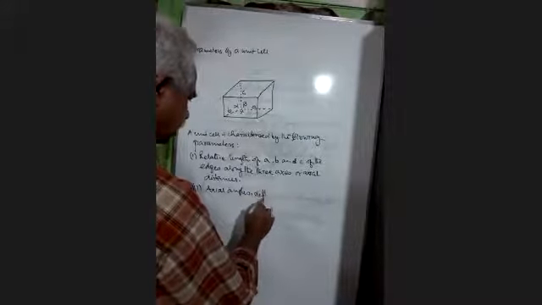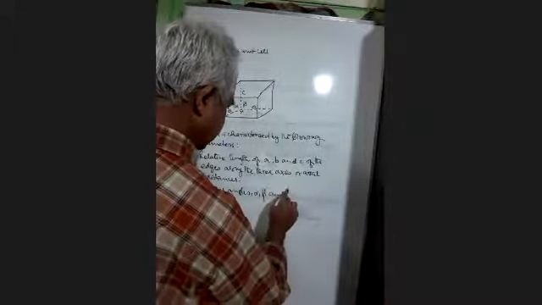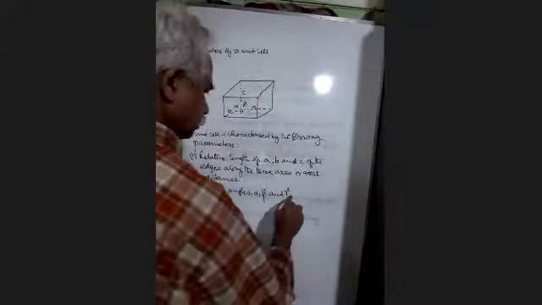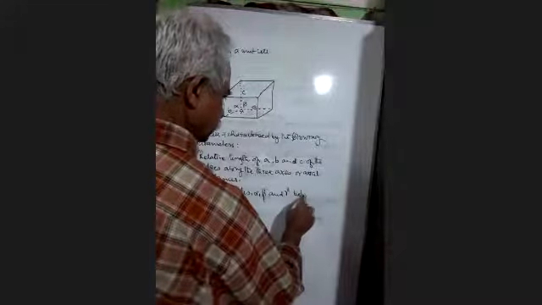Second, axial angles, alpha, beta, and gamma, between the pairs of edges.